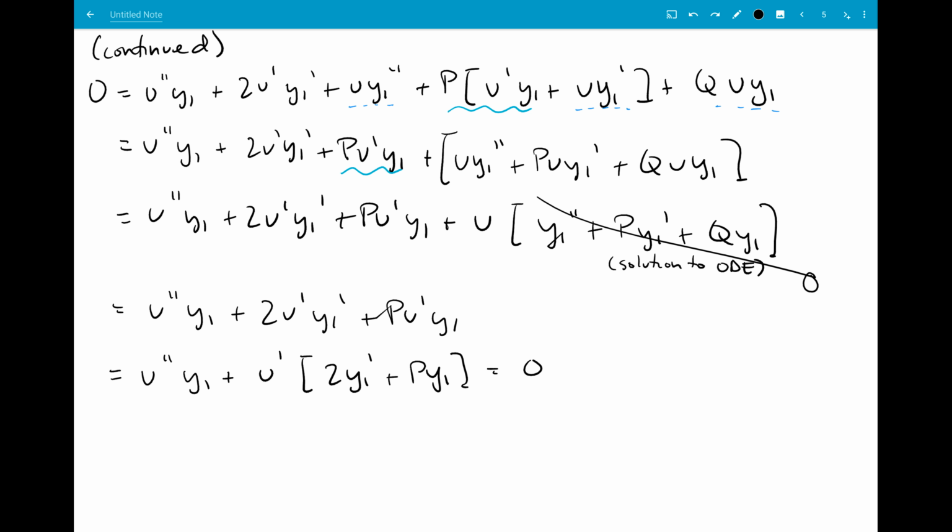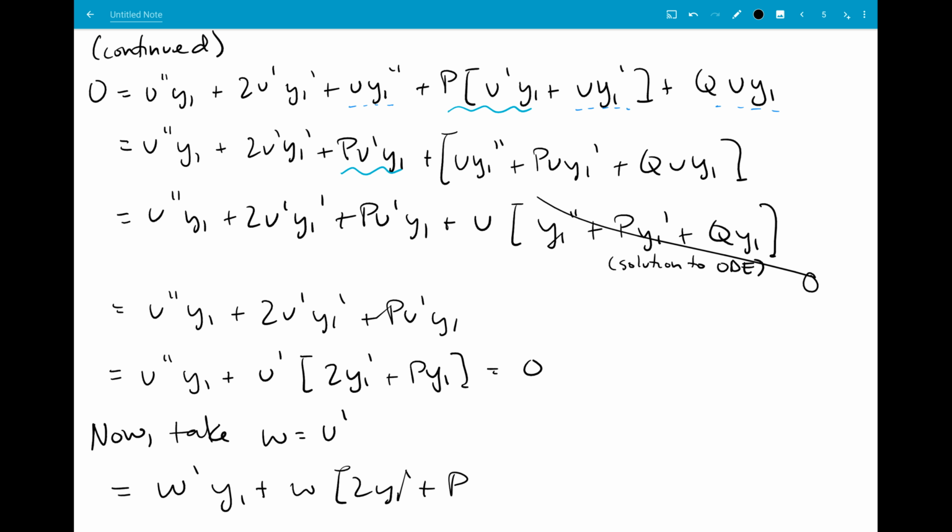And the thing that makes reduction of order work is going to be this substitution. So I'm looking at a second order differential equation, but if I just change what I call my variables, I'm actually looking at a first order differential equation. And we know how to solve those.